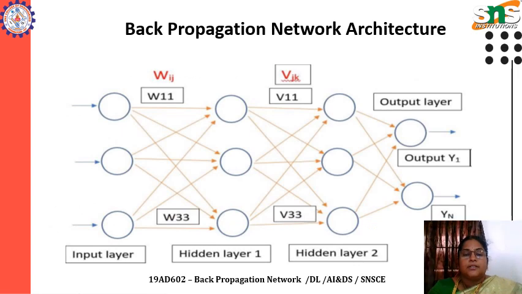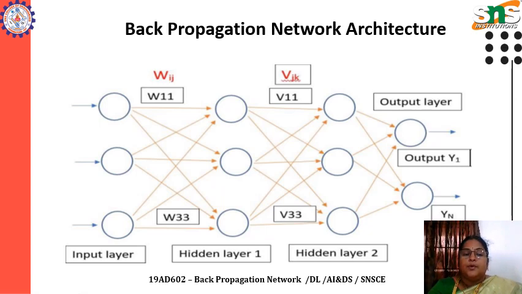This is the architecture of back propagation network. The architecture that you are seeing is the same as that of the neural network architecture. We have the input layer and one hidden layer, and the other one will be the output layer. Sorry, here we have two hidden layers. So the neural network can have more than one hidden layer, right? So here in the back propagation network, we are considering two hidden layers. The input layer receives the input and transmits it to hidden layer one.